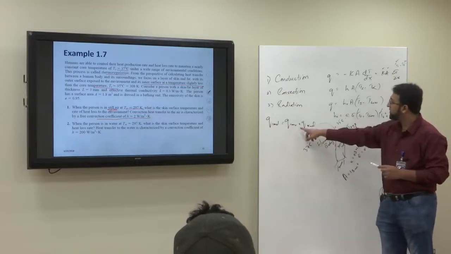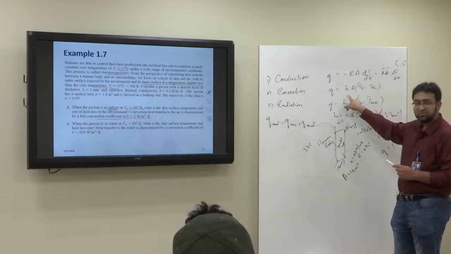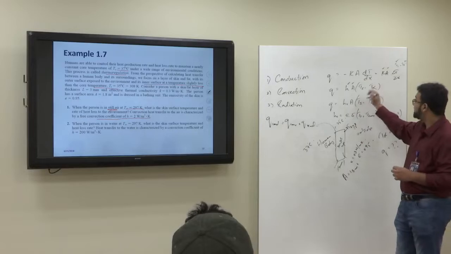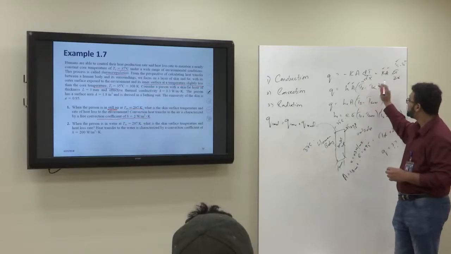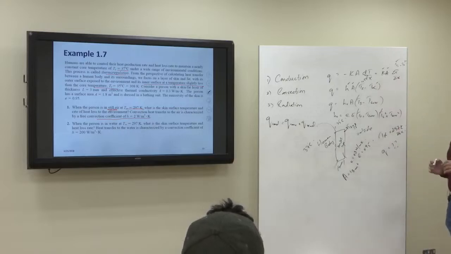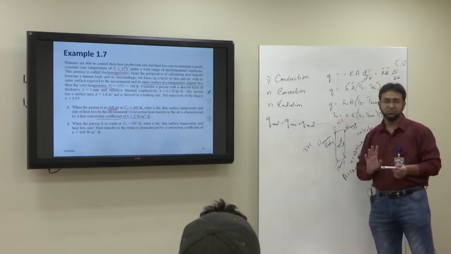Now let's talk about Q convection. Q convection is h given, A given, Ts again unknown, T infinity given. So in Q convection again Ts is unknown.